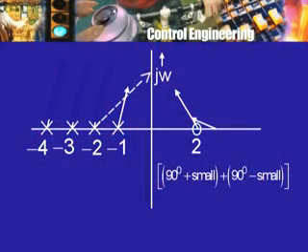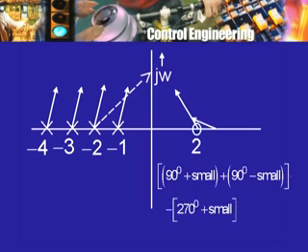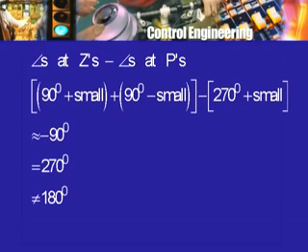By a similar argument, each of the poles will contribute 90 degrees plus a small amount. So, the 3 poles together will contribute 270 degrees plus or minus a small amount. So, the sum of angles at the zeros will approach 180 degrees, and the sum of angles at the poles will approach 270 degrees. So, this difference will be very nearly equal to minus 90 degrees, or alternately I can write it as 270 degrees, close to it, nowhere near 180 degrees.